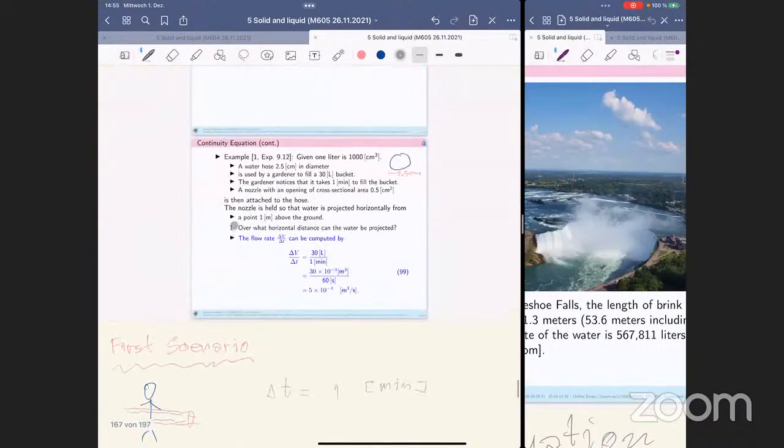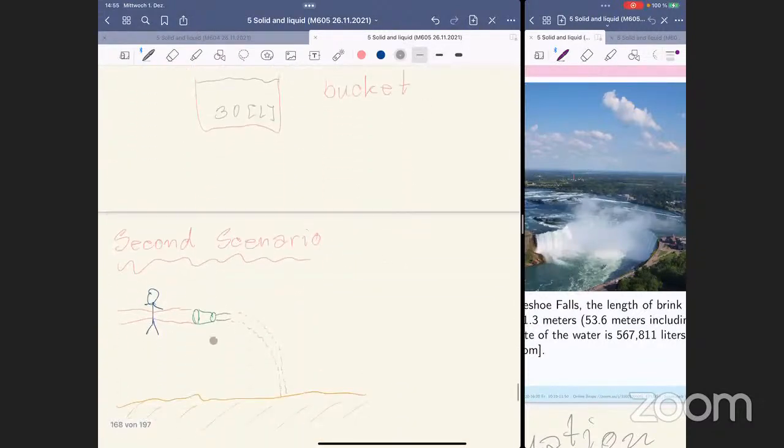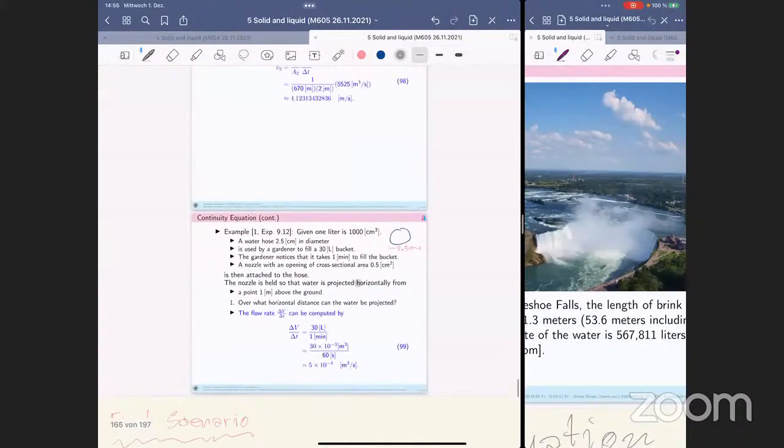And what they say is the nozzle is held so that water is projected horizontally. The nozzle is parallel to the ground, and 0.1 meter above the ground.